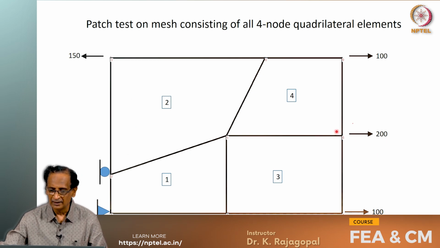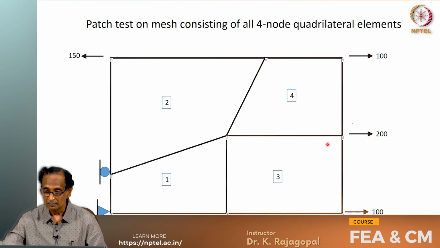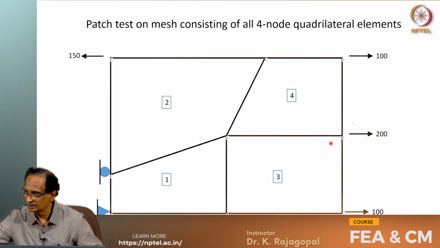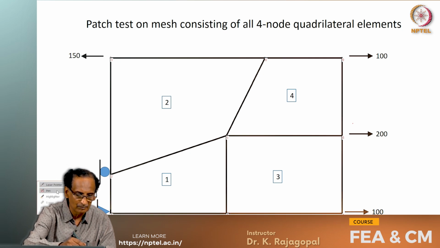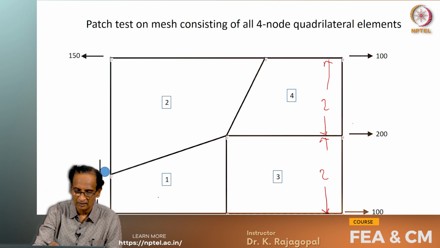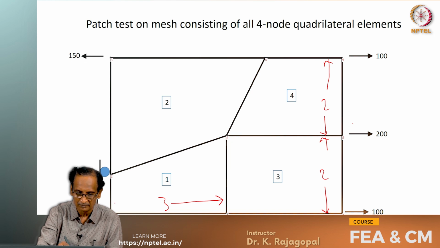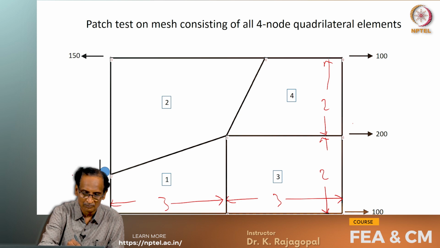And then on the right hand side, a pressure loading of 100 is given, and each of these is of length 2 units. Let me just indicate the units here. This is of length 2, and this is of length 3, and this is of length 1 and 3.